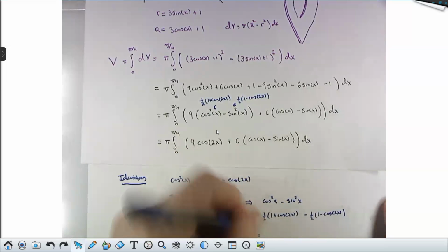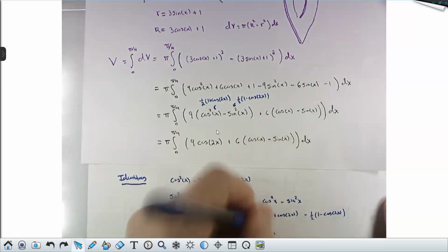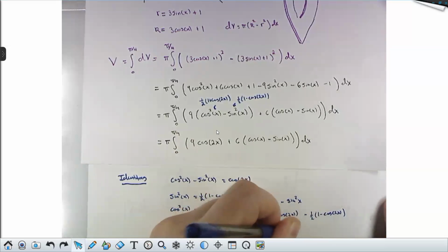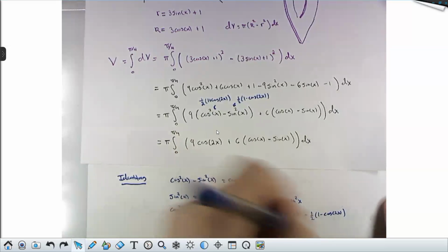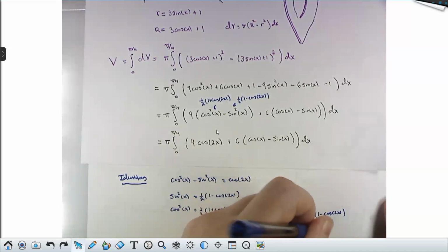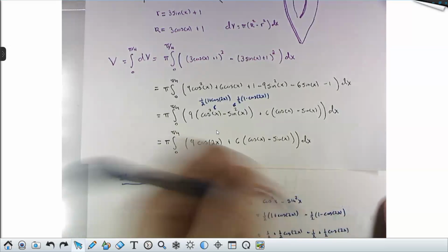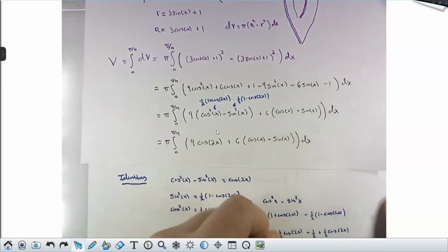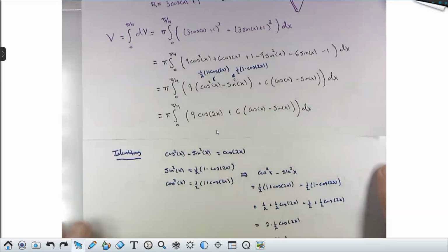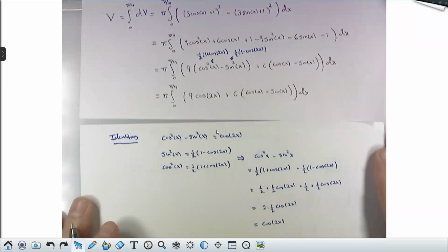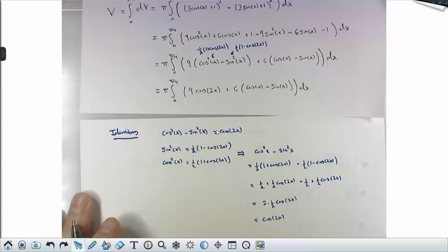And if you distribute everything, this is 1/2 plus 1/2 cos 2x minus 1/2 plus 1/2 cos 2x. The 1/2s cancel, and you get 2 times 1/2 cos 2x, which is just cos 2x. So if you happen to have forgotten that double angle identity for cosine, you can cook it up.